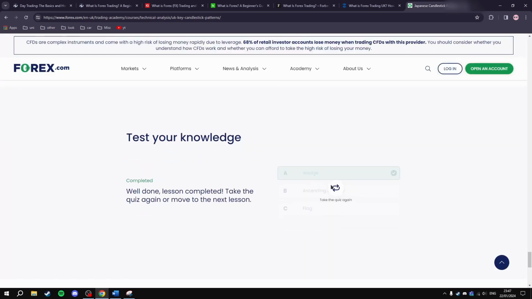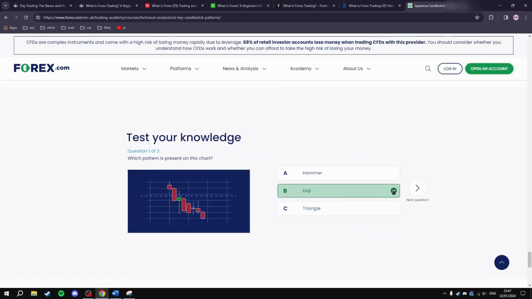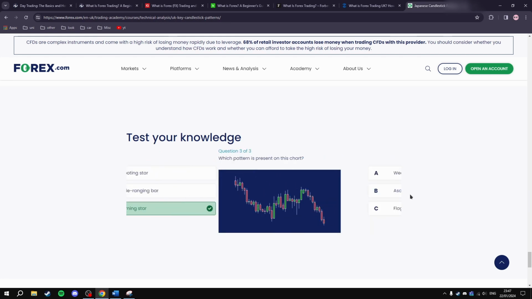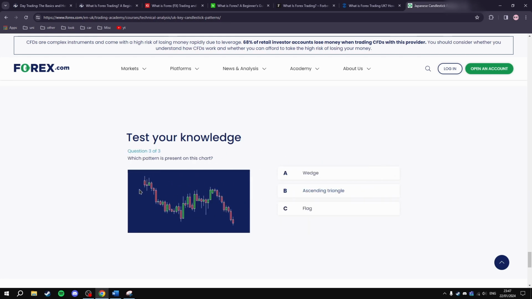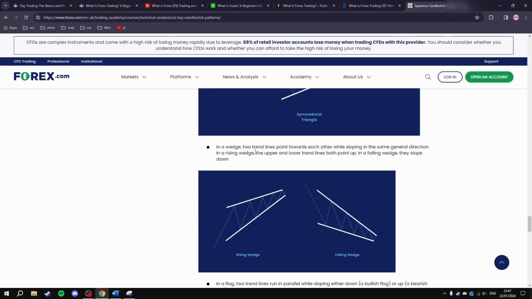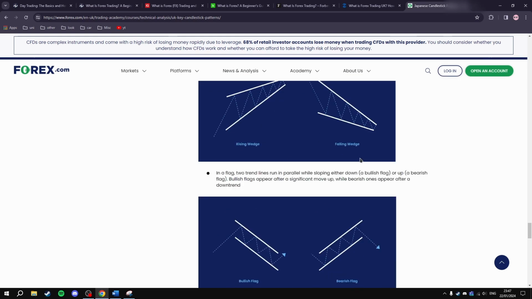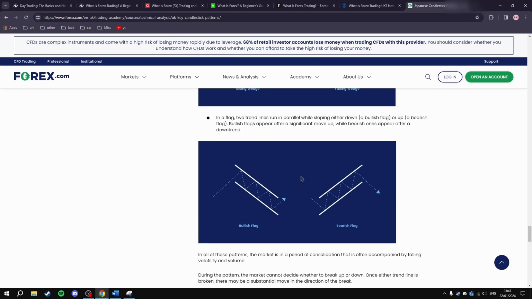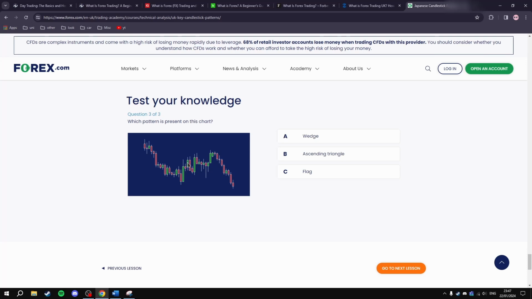Because, wait, if I skip through again, it kind of joins up, right? Like here. No, wait. Point towards each other while sloping, so they would join up at the end then. Well, it depends where you draw your lines then, wouldn't it?